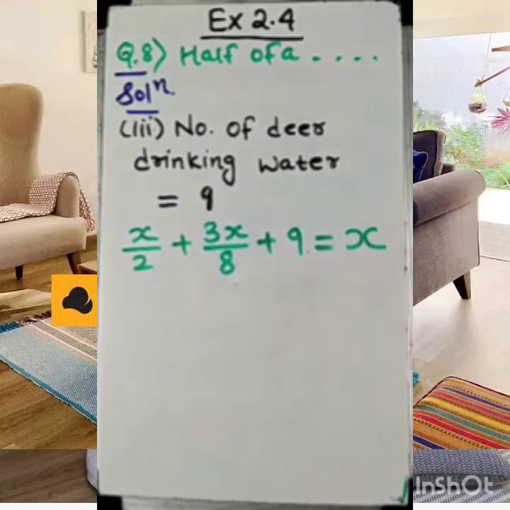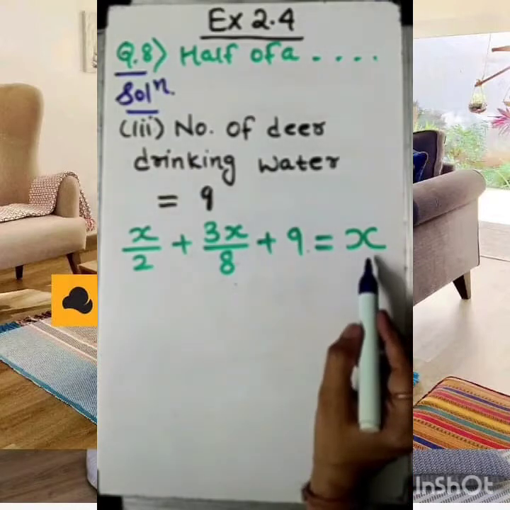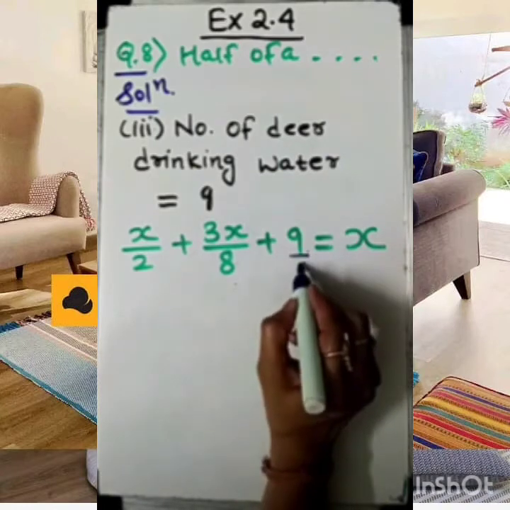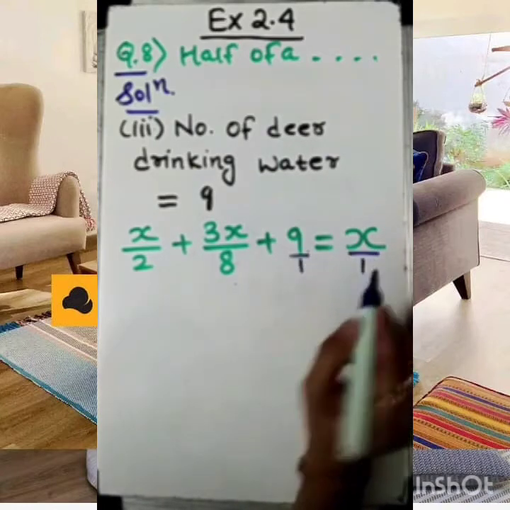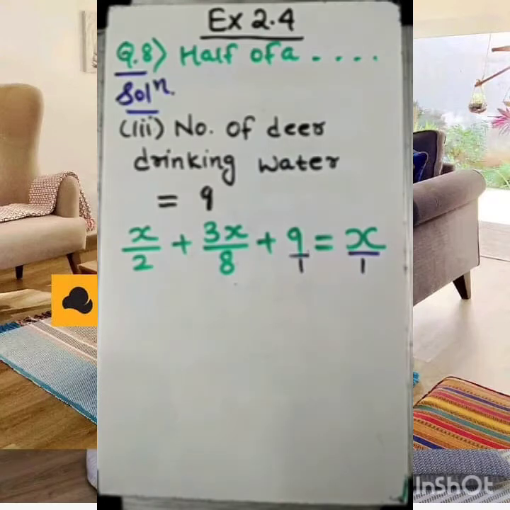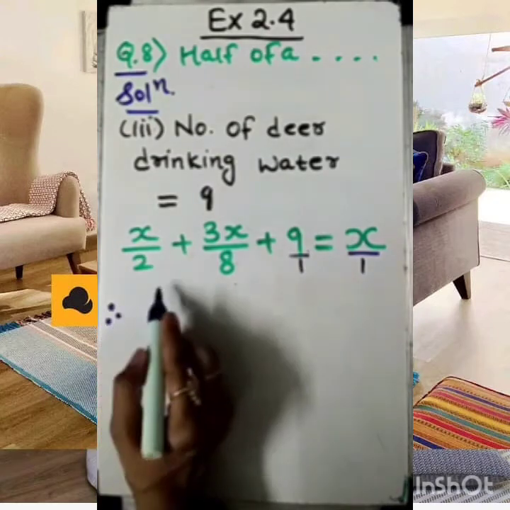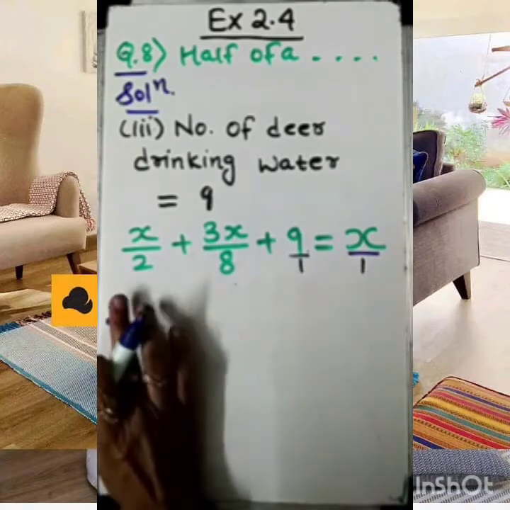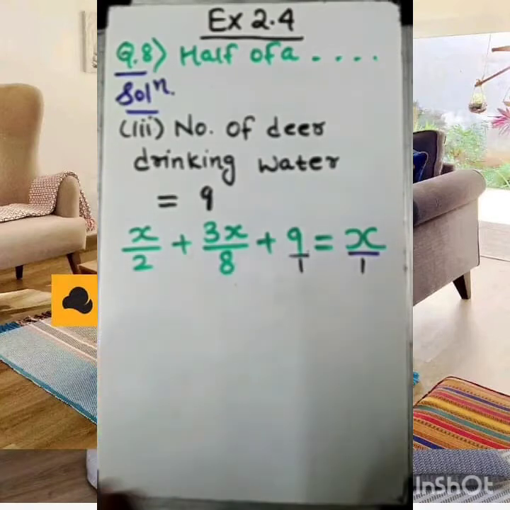Okay, now it depends on us how we simplify, because we want to find the value of x now. So this is the real equation. Here nothing is given under x, so I am considering 1. Therefore, what is the LCM of 2, 8, 1, 1? We can take it out all together.